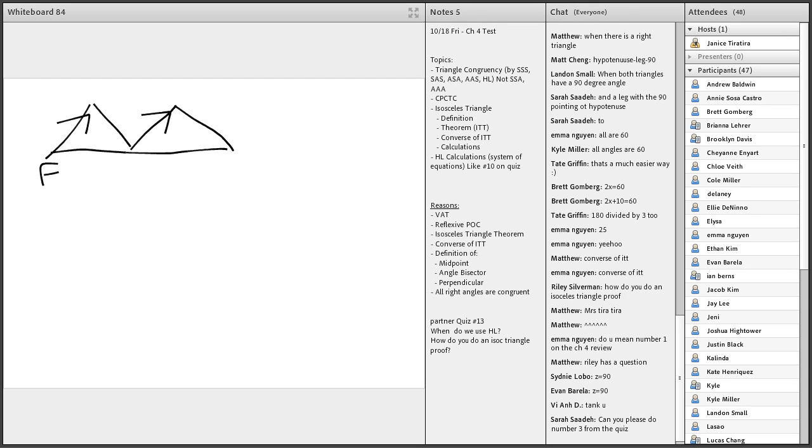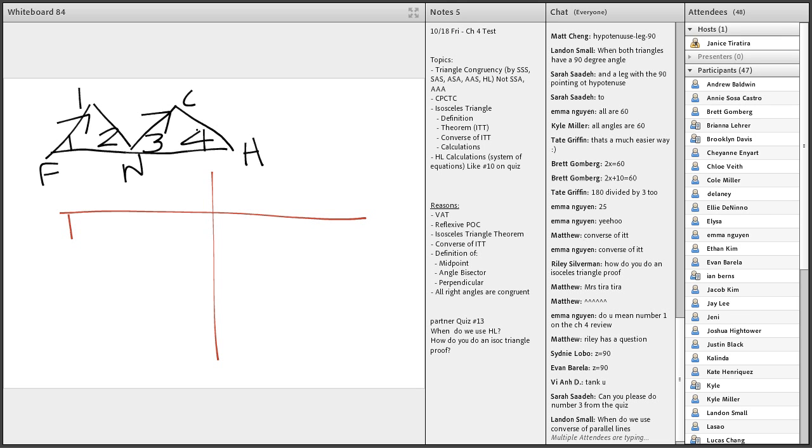I have F, I, N, C, H. And the numbers are here, so that helps us identify the angles easily. Okay, so there was some given information, and this was a six-step proof.